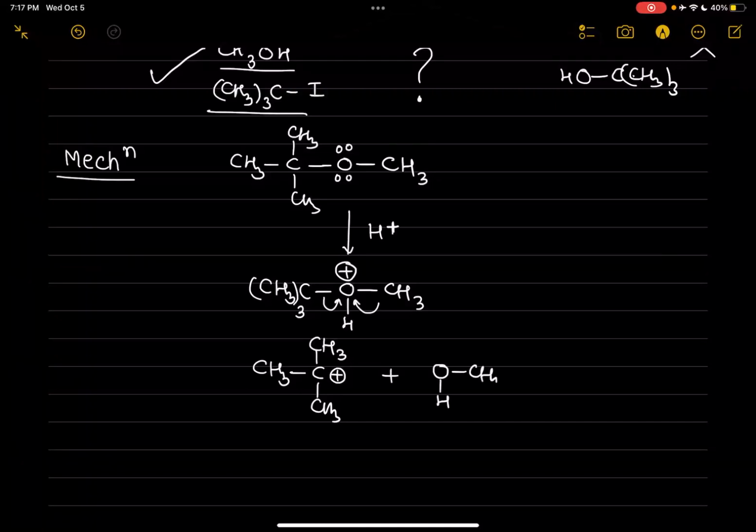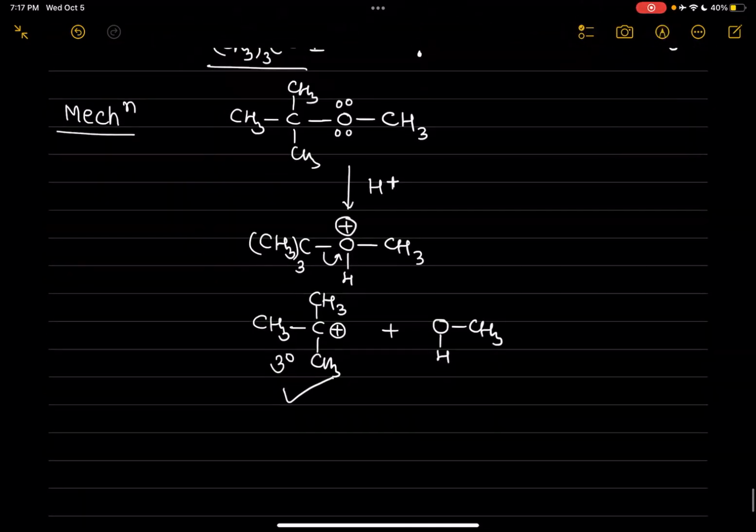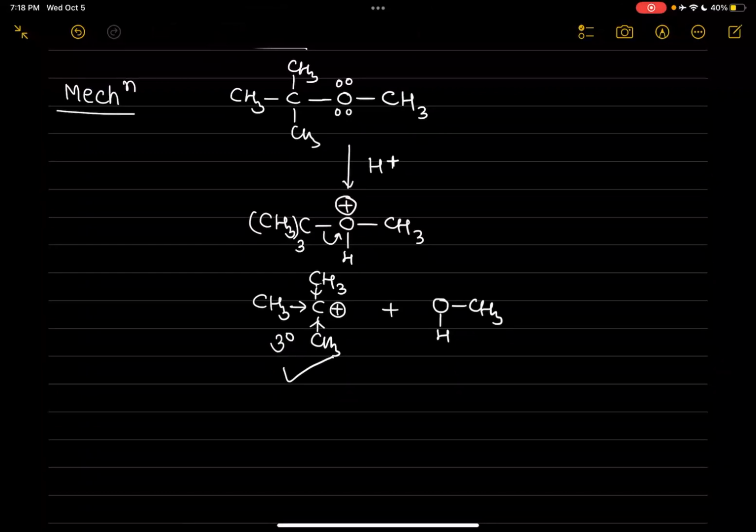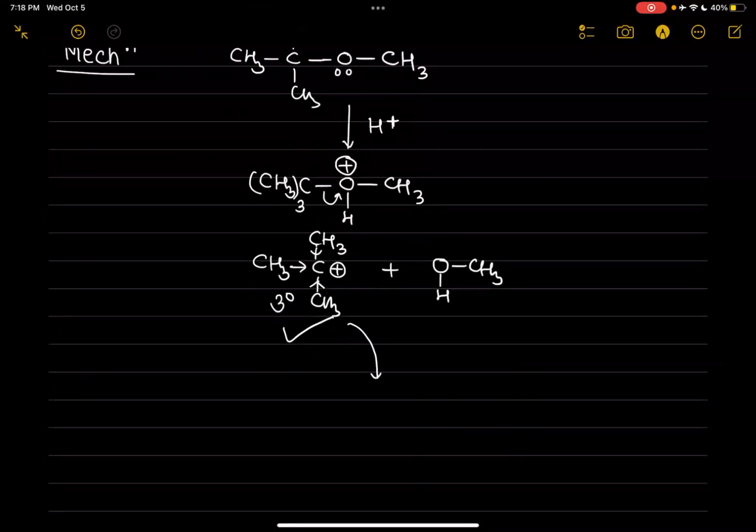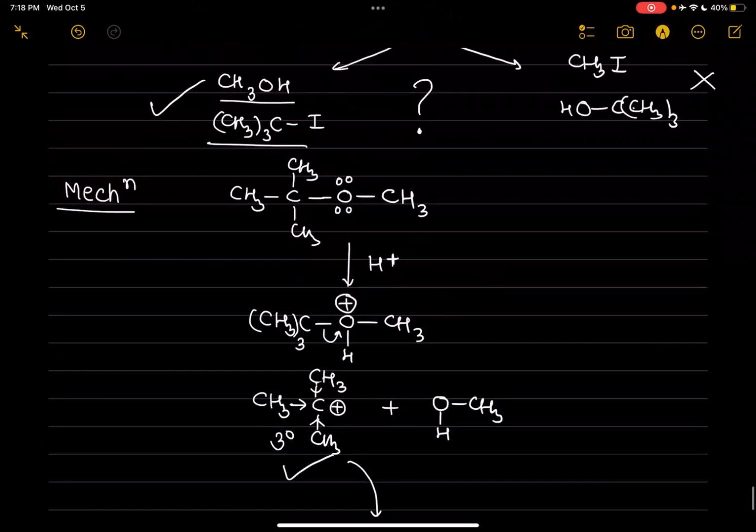Is it clear or not? Because the tertiary carbocation is stable, it is the choice. The other side is not going to be the choice for breaking the carbon oxygen bond. Why have I chosen this? Because tertiary carbocations are more branched and they are more stable. So finally, not only H plus came in, I minus also came in.